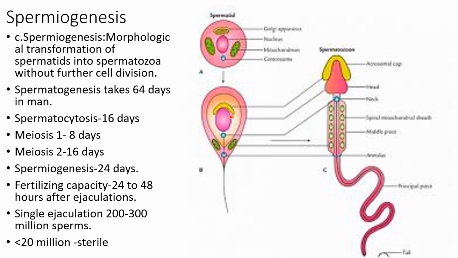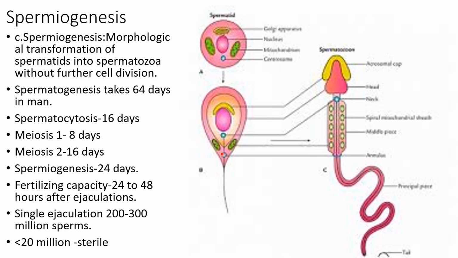Now posterior to the nucleus there is the centrosome. The centrosome will divide into two centrioles, and they will limit the middle piece. These centrioles will mainly form the axial filament and the tail piece, and the posterior centriole will form the ring centriole, which limits the middle piece.